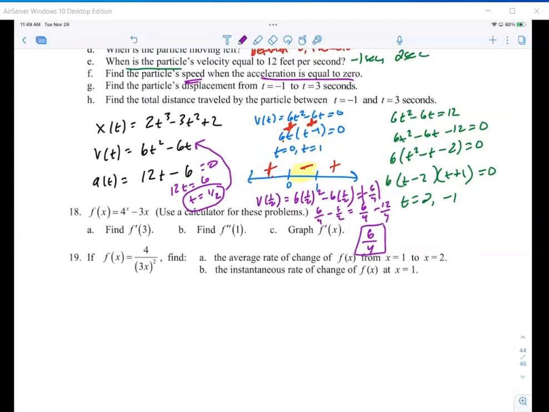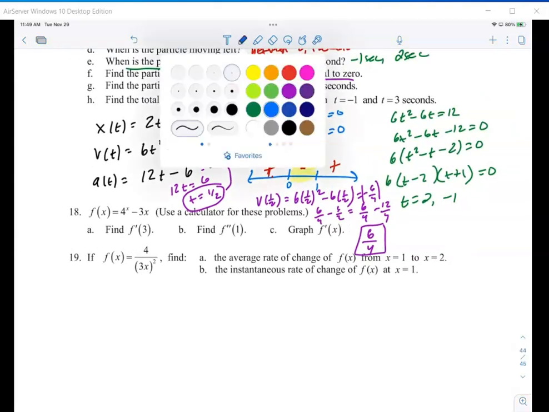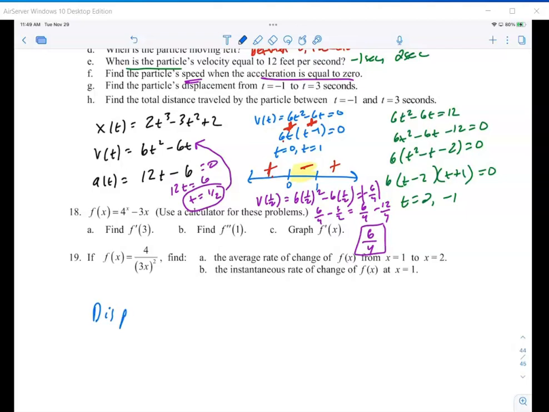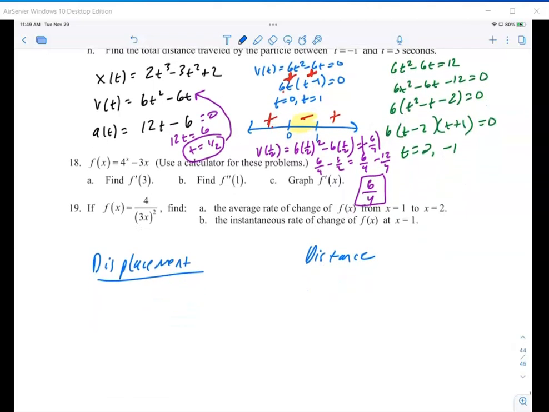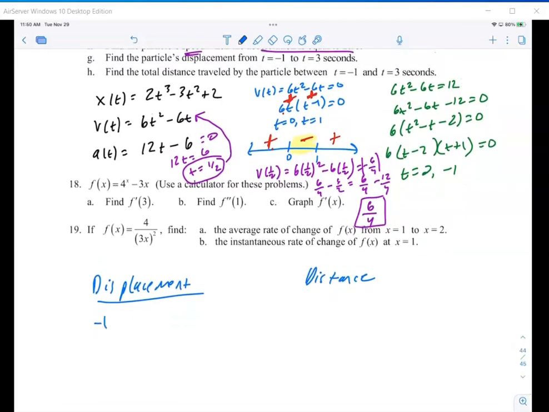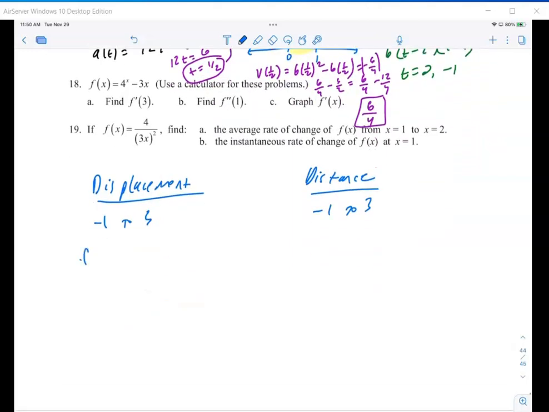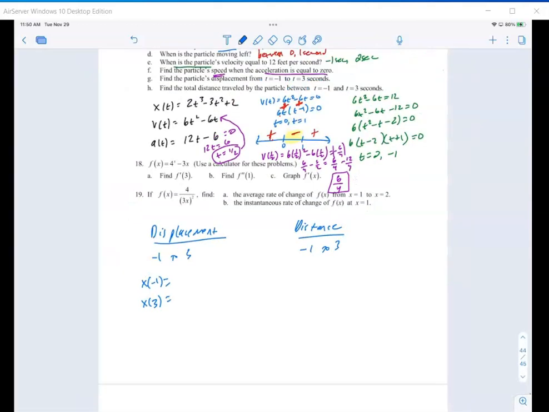Now, displacement and distance. We're going to do both down here. The displacement from negative 1 to 3 versus the distance from negative 1 to 3. Displacement means I use x, where my particle is at negative 1, where it is at 3, and how far apart they are.